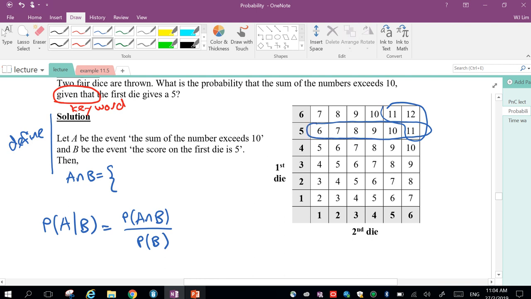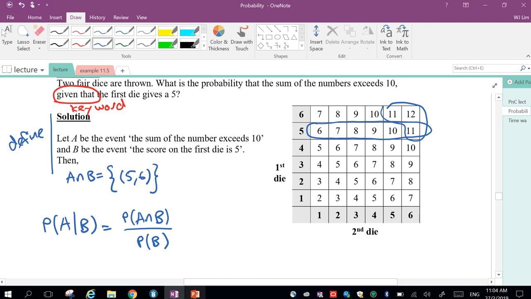Which one overlaps? 11. So you only have 5,6. Why do I write 5,6? It just means 11, the sum. 5 is the score on the first die, and 6 is the score on the second die. So I get 11.